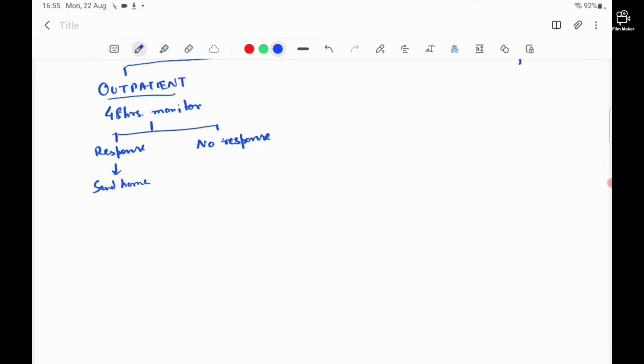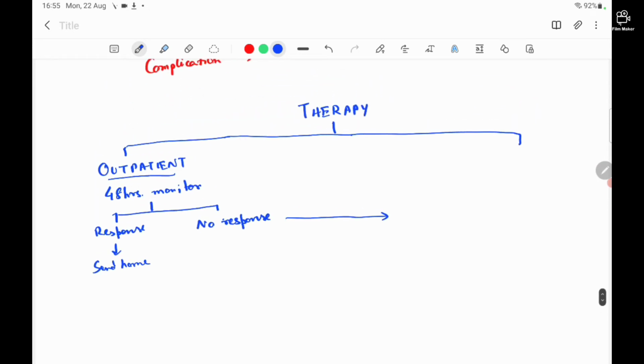So if there is no response in 48 hours, we send the patient to inpatient for inpatient therapy. And what is inpatient therapy? This is hospitalization, for the purpose of IV fluid and antibiotic, mainly antibiotic administration.